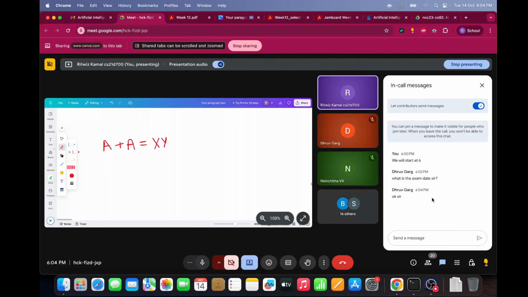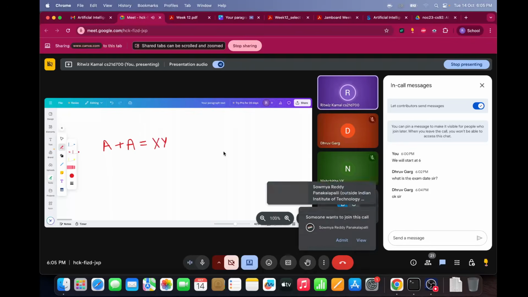Coming back to the question. What do you think could be assignments of a, x and y? Let's say I assign a to be 1 and x and y to be something else. Will that satisfy the equation?